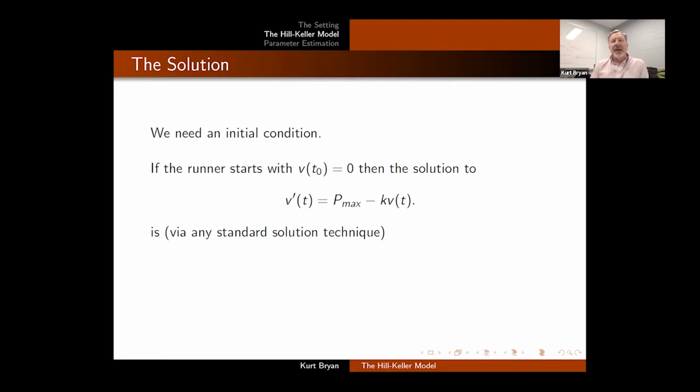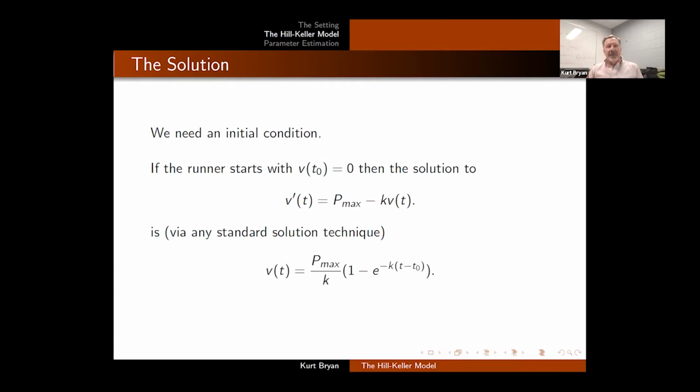So at this point, this is like day 1 of the class to kick off ODEs. We'd pause while we contemplate, how do you figure out the solution to an equation like this? So this leads us to integrating factors or separation of variables, maybe both. I tell them, we're going to figure out how to analyze this ODE, and then we're going to come back and contemplate whether it does a good job at modeling a sprinter.